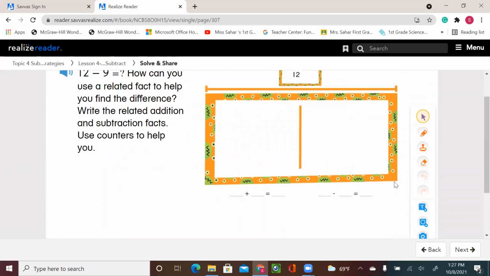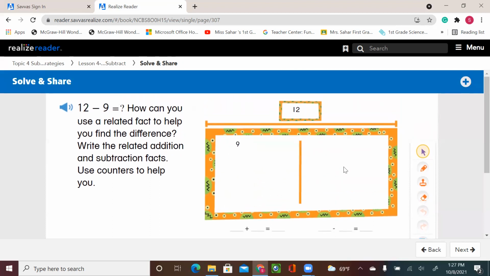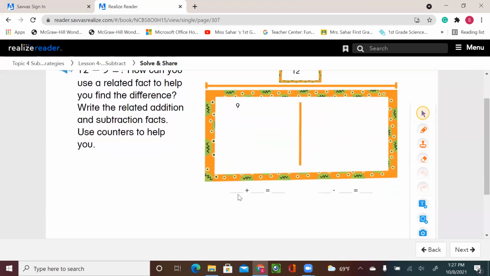I know one part is 9, and I need the missing part. That means 9 plus something equals 12. So if I use the addition fact, I'll be using 9 plus something equals 12, right?